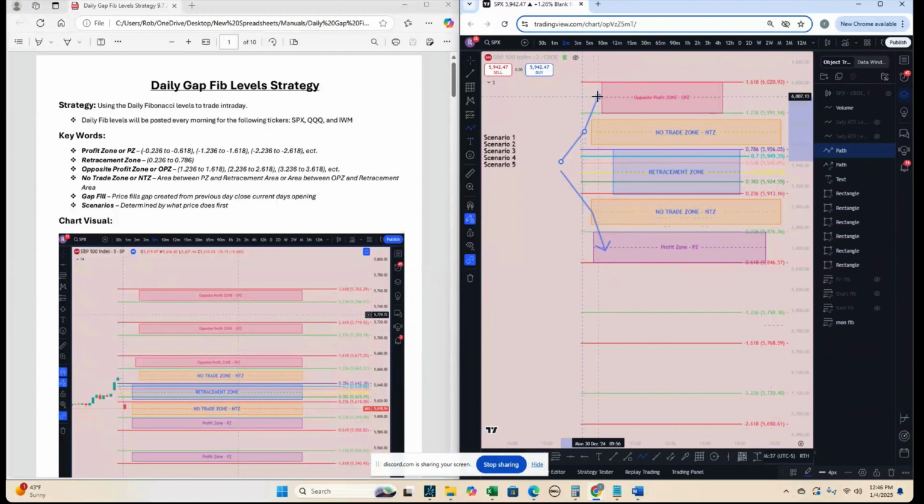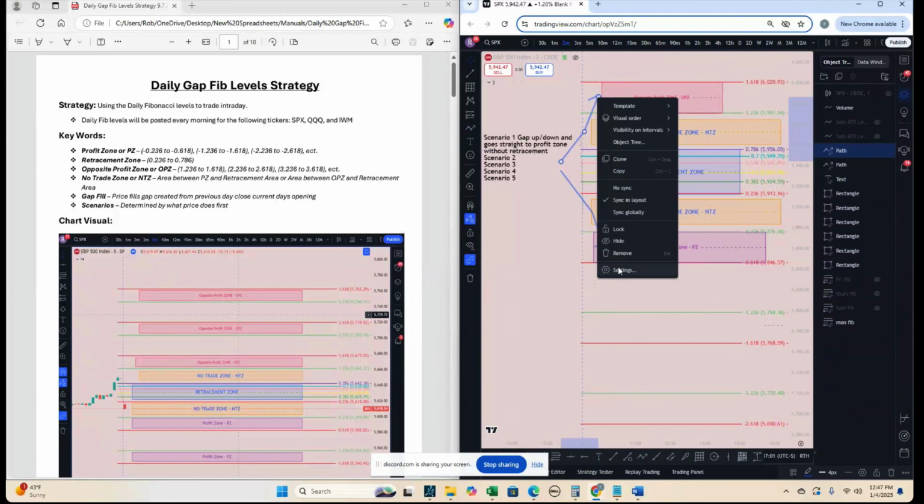We gap up, it goes straight to the profit zone. Those are your scenario 1s. So gap up or down and goes straight to profit zone without retracement.